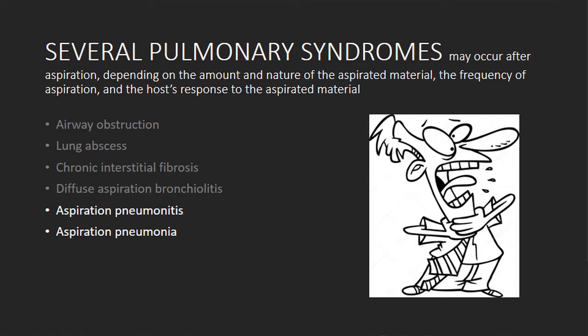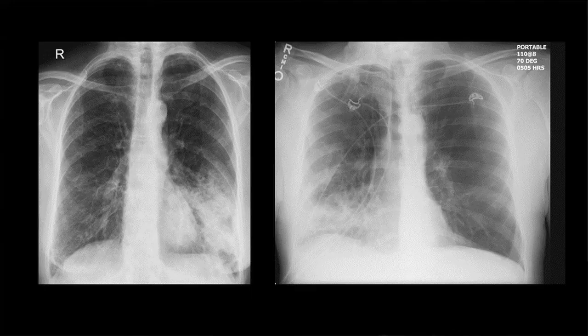As we said before, there could be airway obstruction, lung abscesses, chronic interstitial fibrosis, and diffuse aspiration bronchiolitis, but we're going to focus mainly on acute aspiration, so acute pneumonitis or aspiration pneumonia.